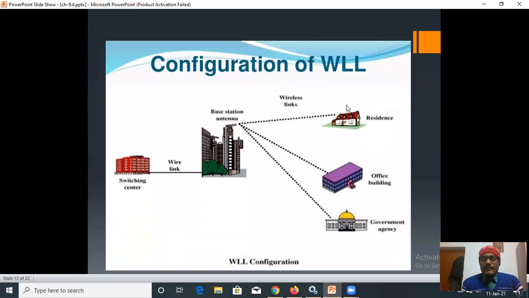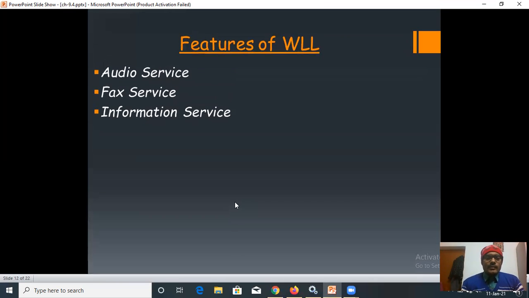One antenna can be fitted on the top of the house or office so that it can catch the signal from the base station, and you can use WLL technology for audio service, fax service, and internet.